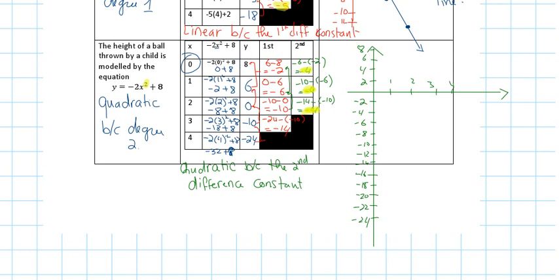If I'm looking at my x values, I have 0, 8. My second point is 1, 6. Then 2, 0. Then I have 3, negative 10. And I have 4, negative 24.